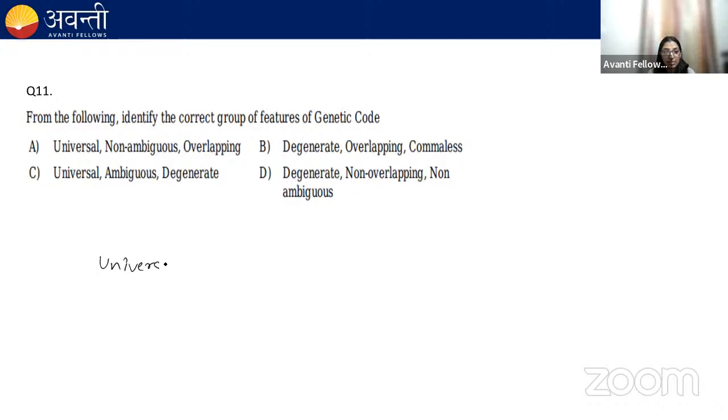Genetic code is universal. For example, UUU is a codon that codes for phenylalanine. Even if it is present in bacteria, it will code for phenylalanine. Even if it is present in humans, it will code for phenylalanine. So that means it is universal.